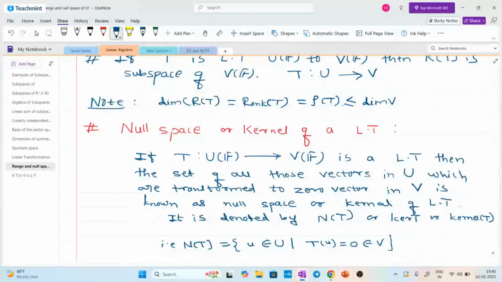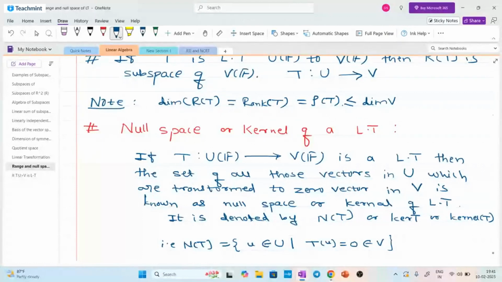If T from U to V is a linear transformation, then the set of all those vectors in U, that is, vectors in the domain, where U is the domain vector space and V is the codomain vector space, which are transformed to the zero vector.